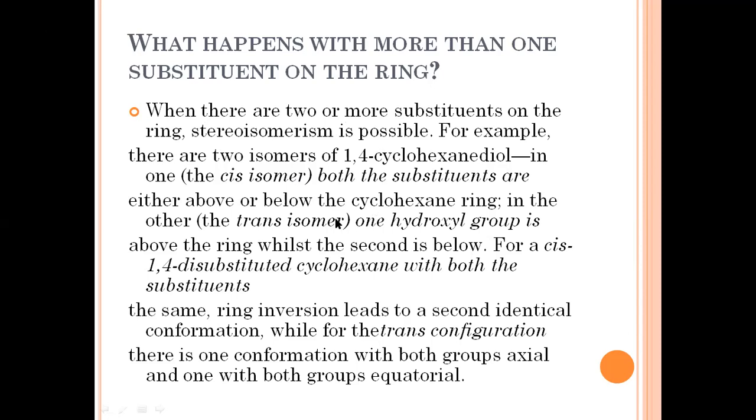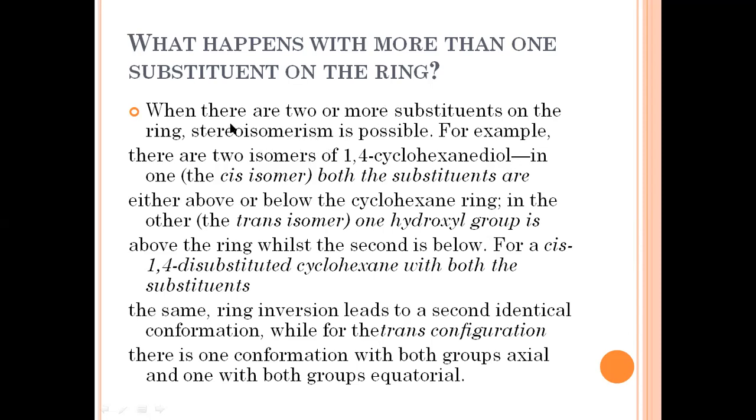In the case of conformation, there is only a change in the shape of the molecule, but a change in the configuration of the structure forms stereoisomers. So when we talk about di-substituted or more substituted cyclohexane molecules, stereoisomers can also be prepared.